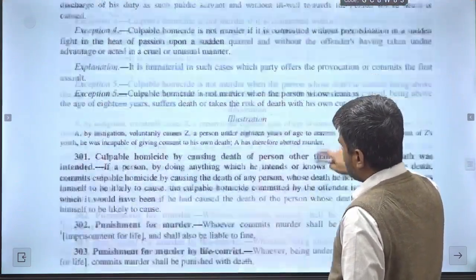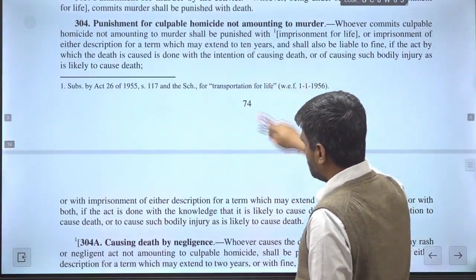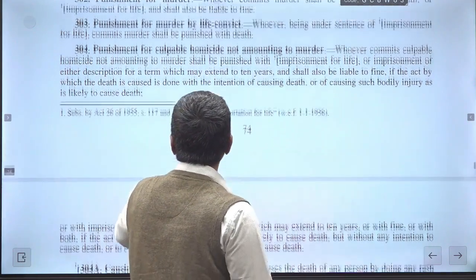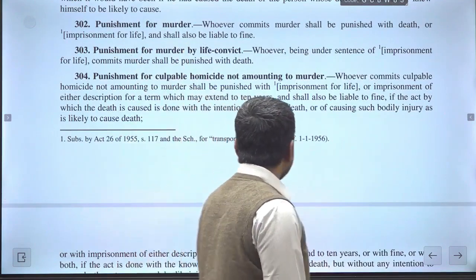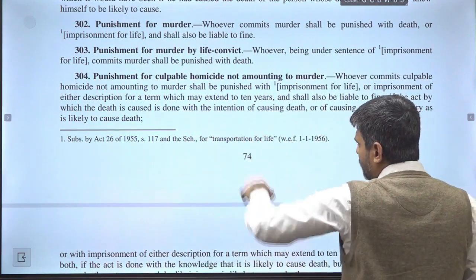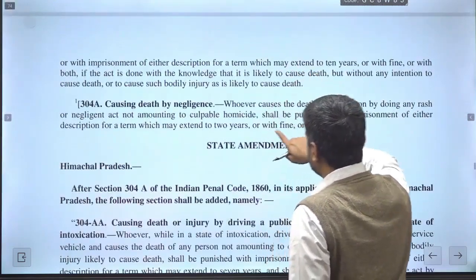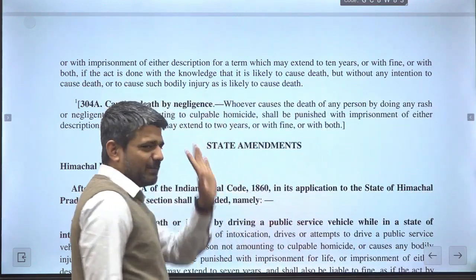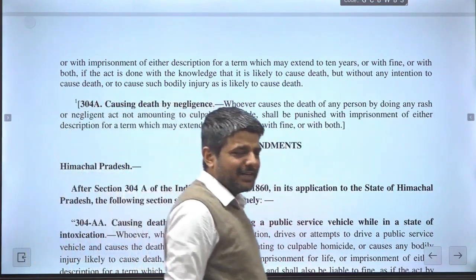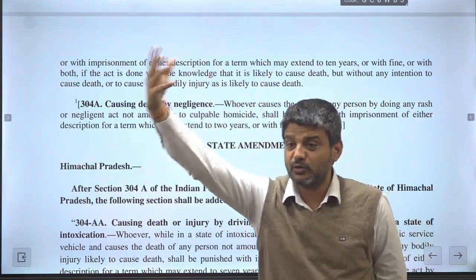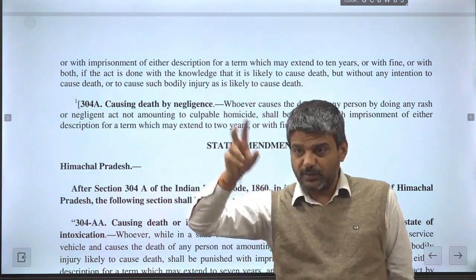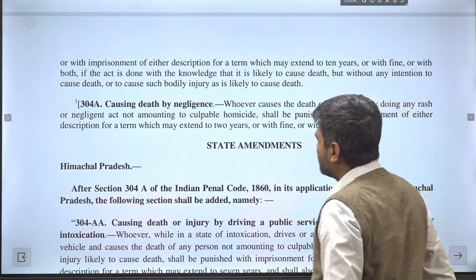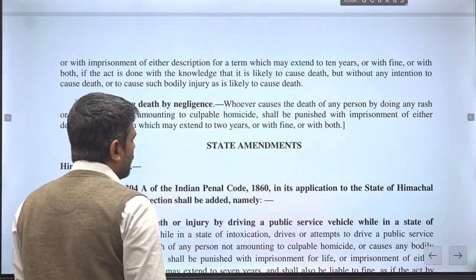So if you go to 304A, now 304 provides for punishment and 303 also provides for punishment with regard to murder by life convict, हालांकि constitutional declare हो गया. 302 provides for murder and 304 culpable homicide not amounting to murder. 304A says कि whoever causes death of any person by doing any rash or negligent act not amounting to culpable homicide. So not amounting to culpable homicide meaning कि both of them, culpable homicide not amounting to murder and murder, both of them, because culpable homicide is of 2 types, shall be punished with imprisonment of either description for a term that may extend to 2 years, or with fine, or with both.